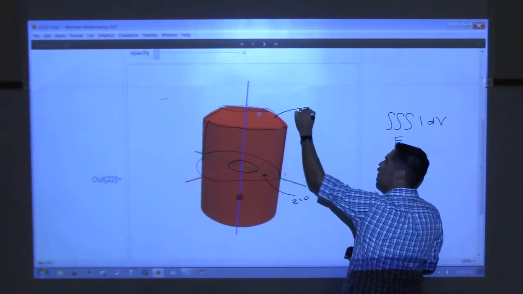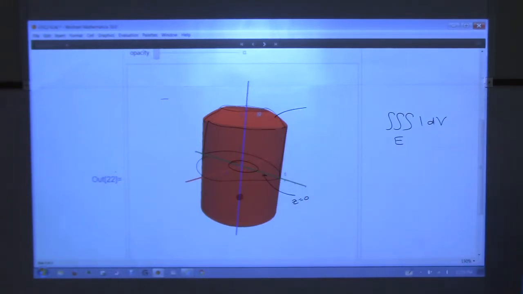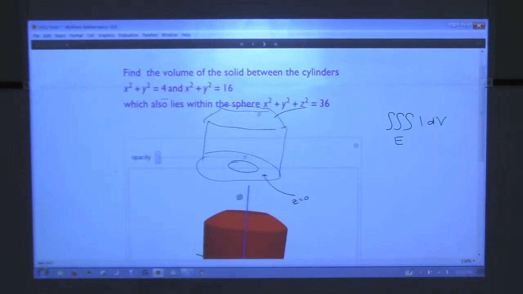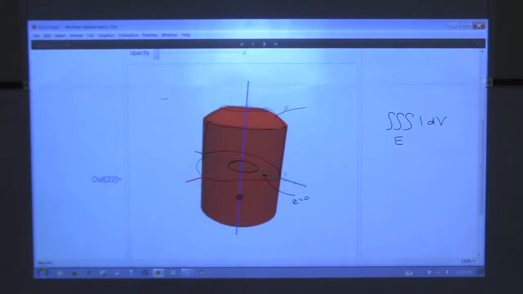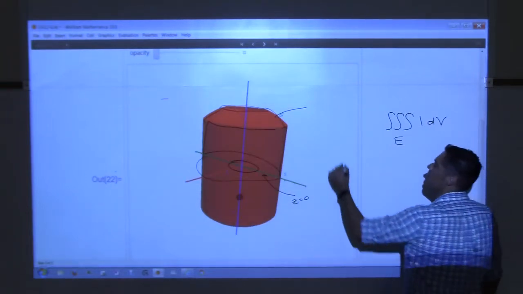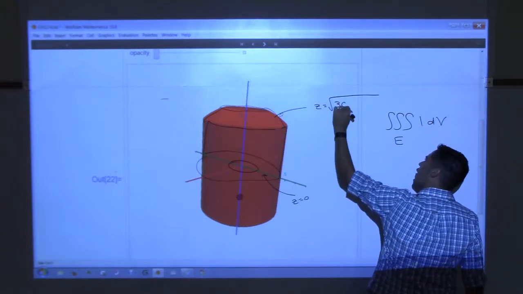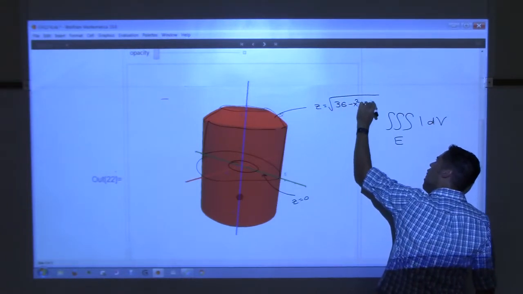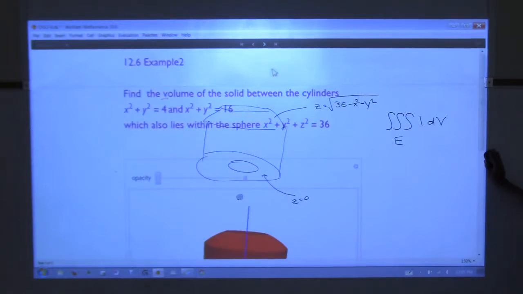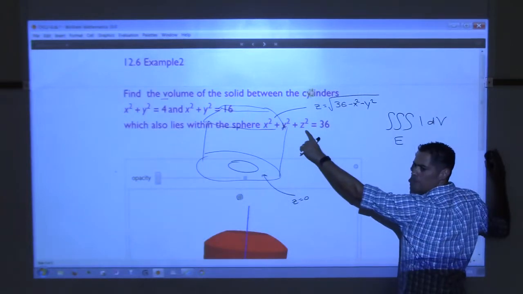And what's the top restriction then? It's the sphere equation solved for z. So z is equal to the square root of 36 minus x squared minus y squared.